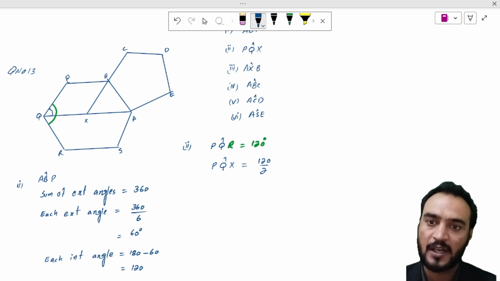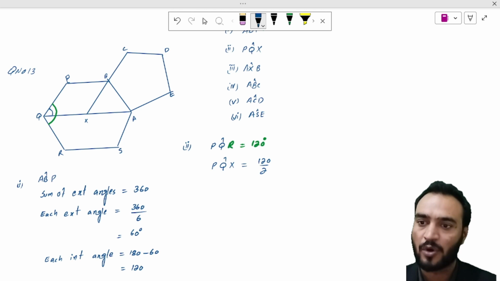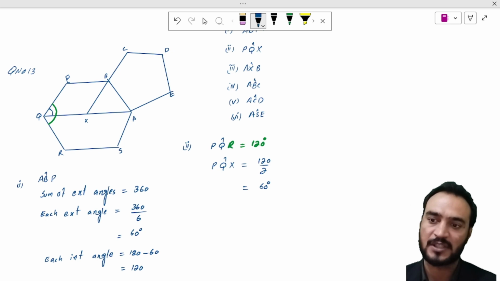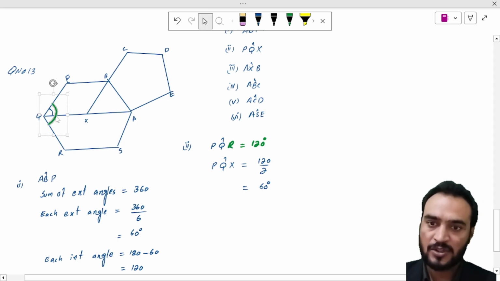As this is a regular hexagon and the line bisects the angle PQR, the angle PQX is equal to half of angle PQR. Dividing by 2, we get 60 degrees. Angle PQX is 60 degrees. Hence, part 2 is solved.